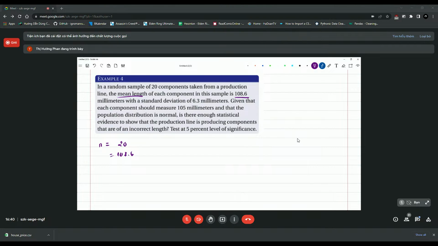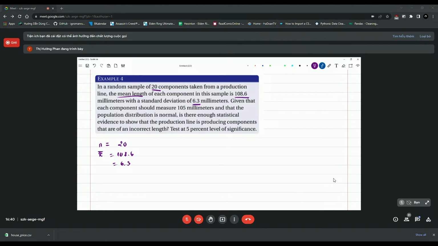Everyone? Okay, we recognize that it's X bar because this is the sample mean, the mean length of components in the given 20 components.